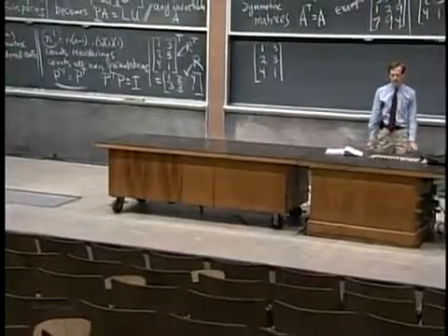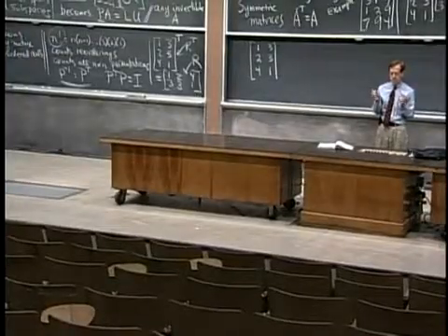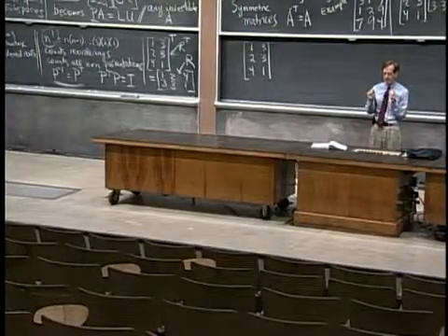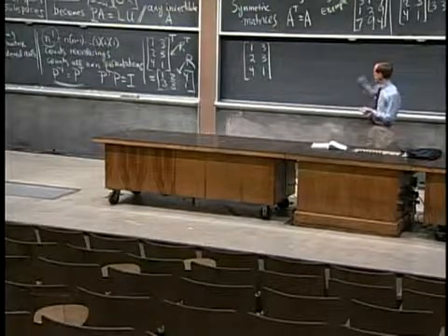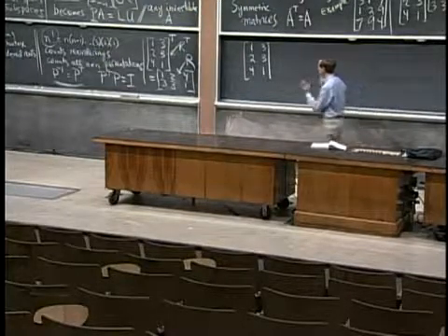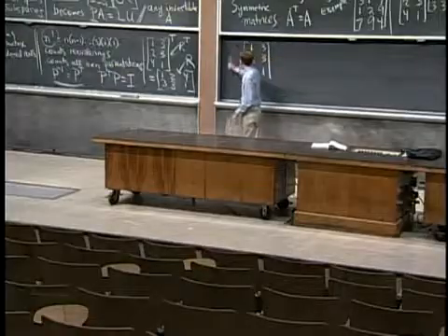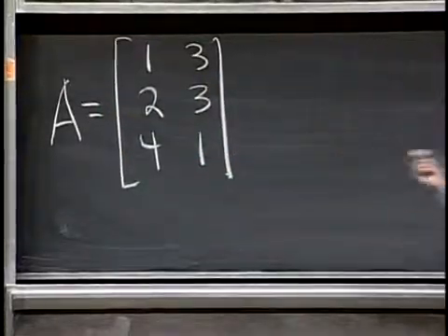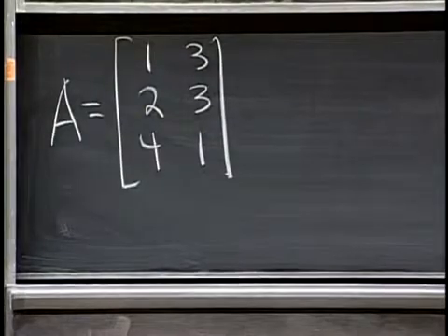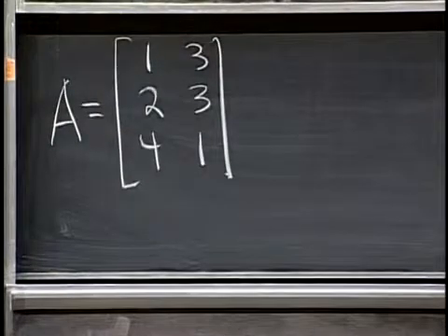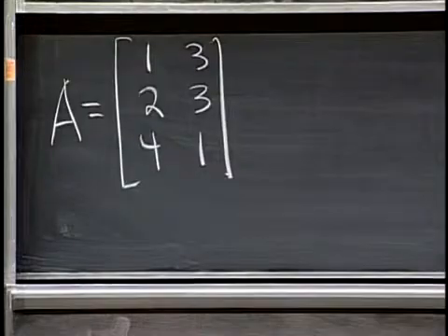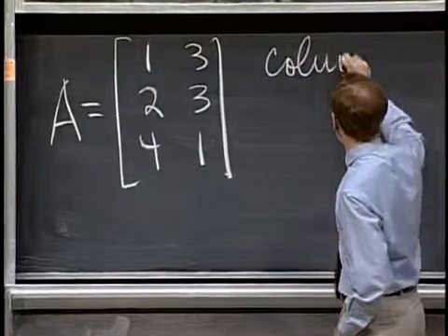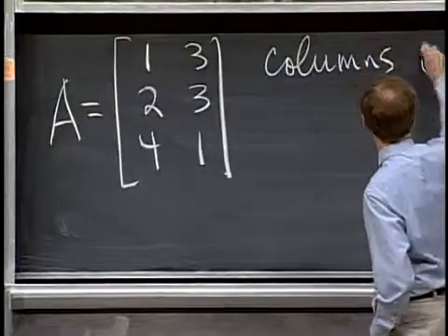Okay. So this is the important subspace, the first important subspace that comes from that matrix. Let me call it A again. Okay, I'm looking at the columns of A. Those are vectors in R3. So the columns are in R3.